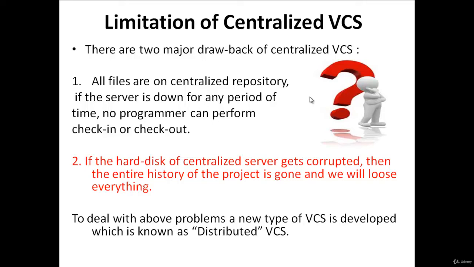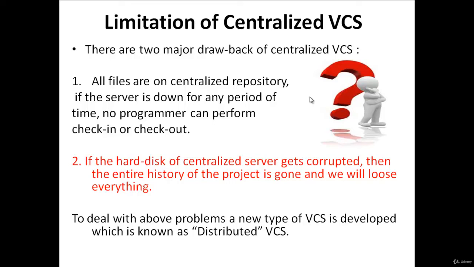The other situation is that, let's say, the hard disk of that centralized server gets corrupted. Now the entire history of the project will be gone and we will lose everything, right? If they don't have any backup stored on any other server, then the entire history will be gone.